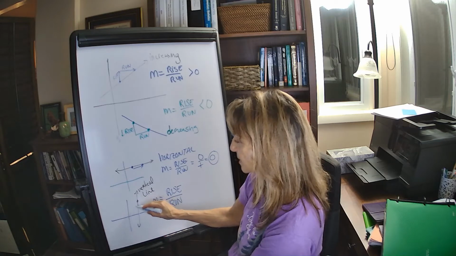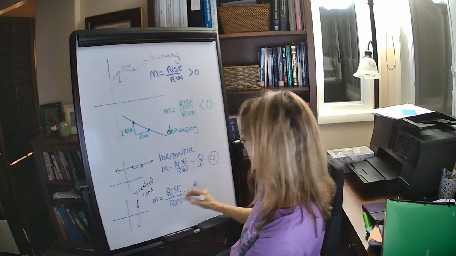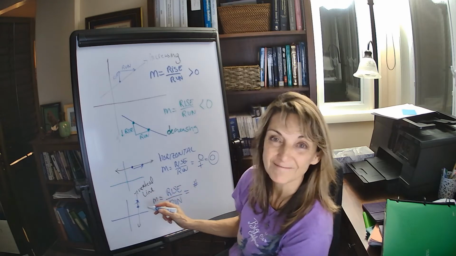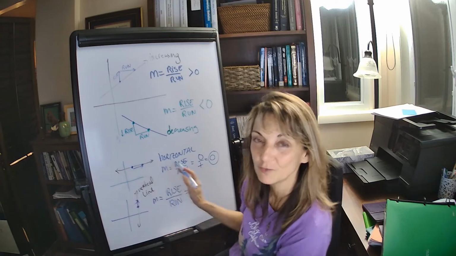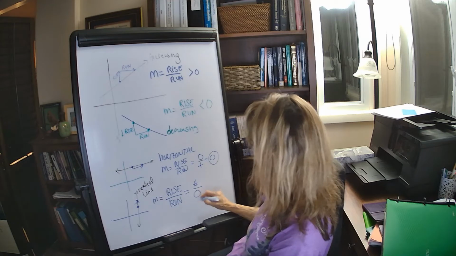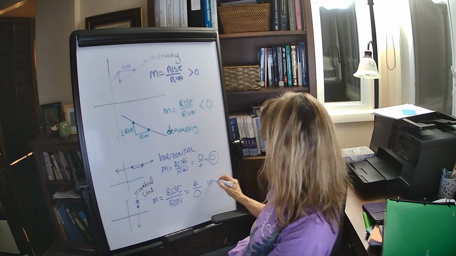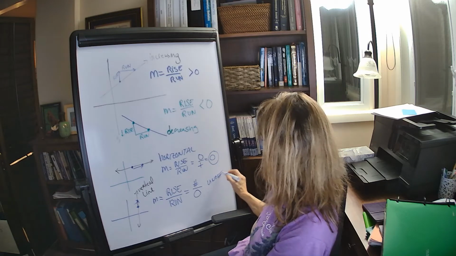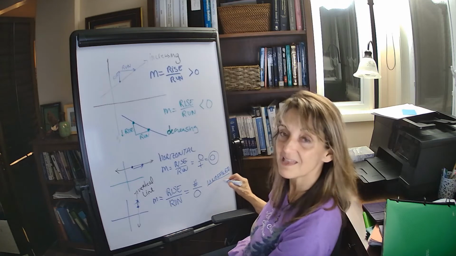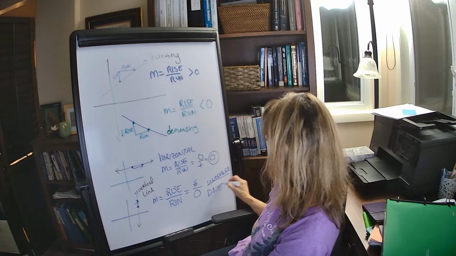The rise is some number, whatever that distance is from here to here. But what's the run? It has no run. You don't move left or right. You stay right on top. So the run is 0, and anything divided by 0 is undefined. Another way we could say that is that it does not exist, or DNE.